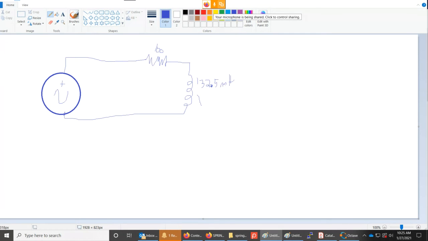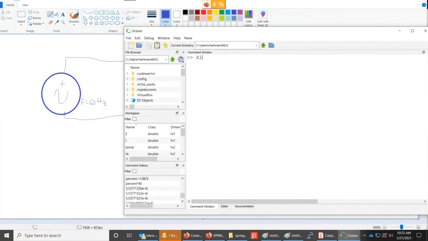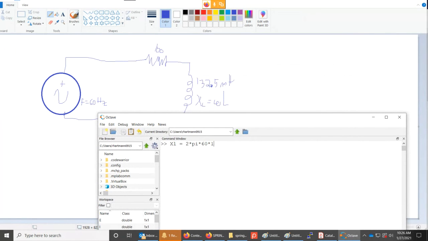And so the inductive reactance, X of L, is again equal to omega times the inductance L. And so again, if we just stick with our standard 60 hertz frequency, then we calculate X of L is going to be 2 times pi times 60 times 132.5 e to the minus 3.